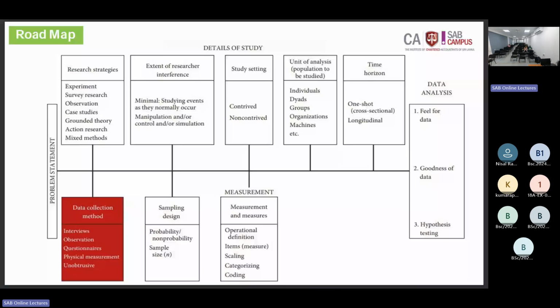Already we identified the strategies, 6 strategies, and then the researchers' interference and the study unit, and then we identified the sample design as well. Right? So where we are now is the data collection methods, the way how you can collect the data.